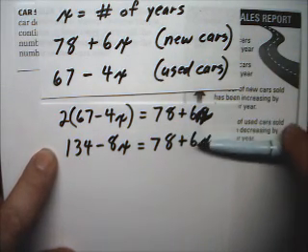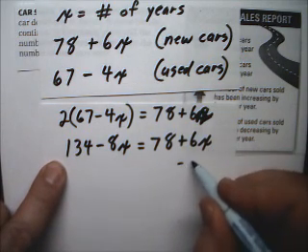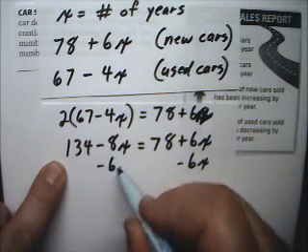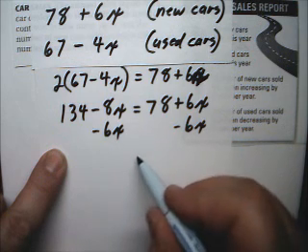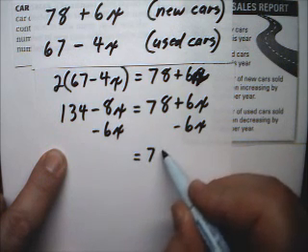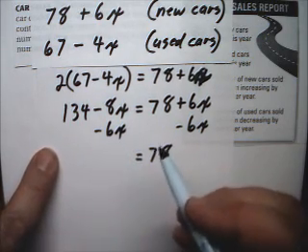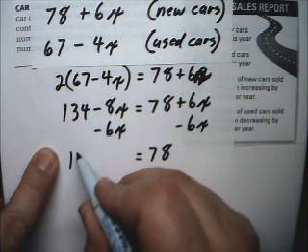Now I like to get the variables to the left side, so it looks like the equations we're used to. Minus 6x here and minus 6x here. So on this side, I'm just left with 78. On this side, negative 8x and negative 6x adds up to negative 14x.